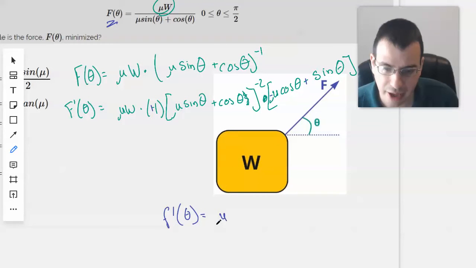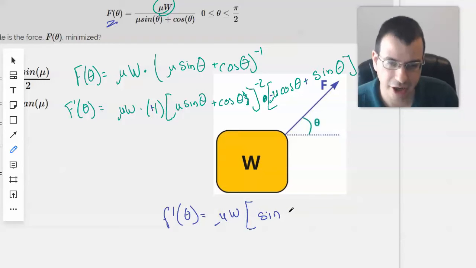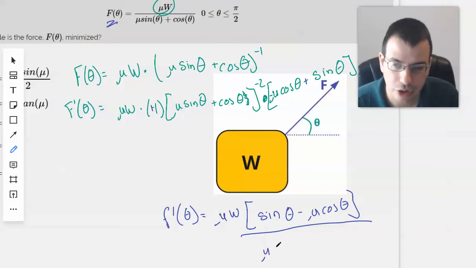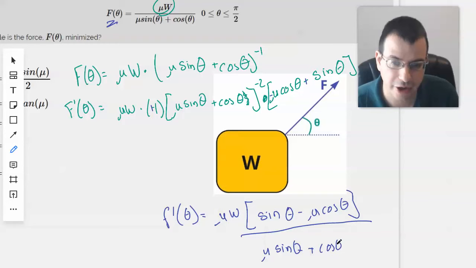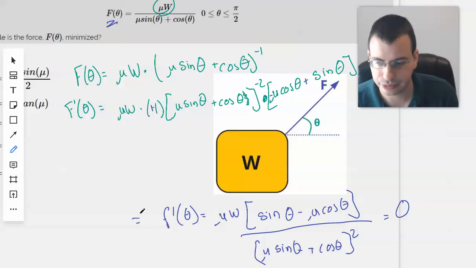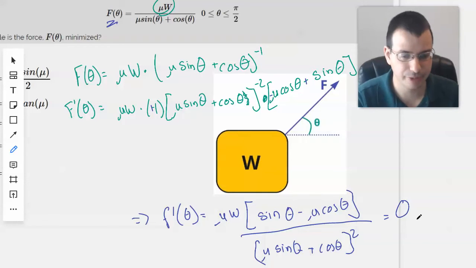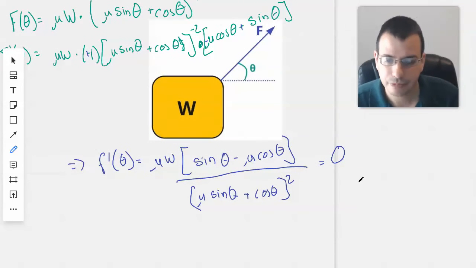So we still have that mu W hanging around, and we have sine of theta minus mu cosine of theta, because we distributed the negative 1, all over mu sine of theta plus cosine of theta squared equals, we'll set it equal to 0 to find the maximum or minimum.